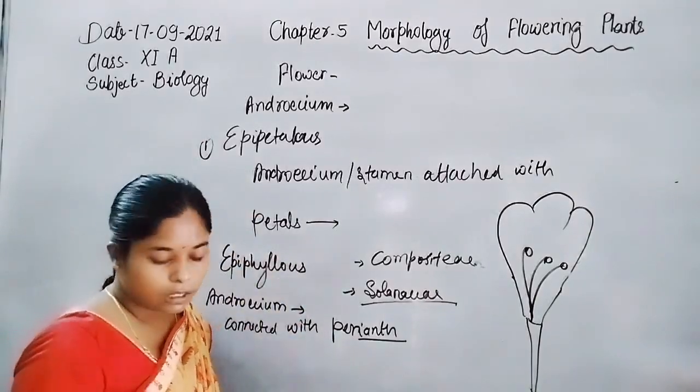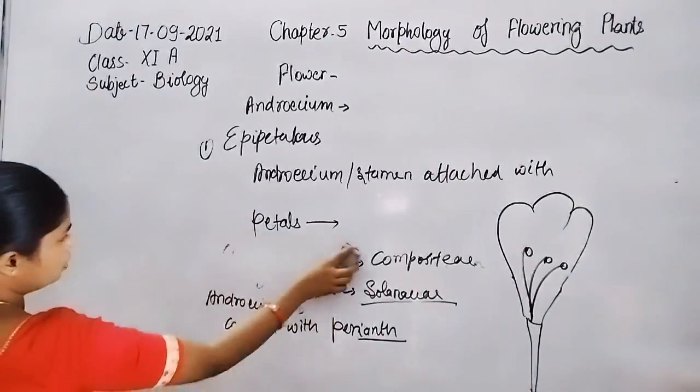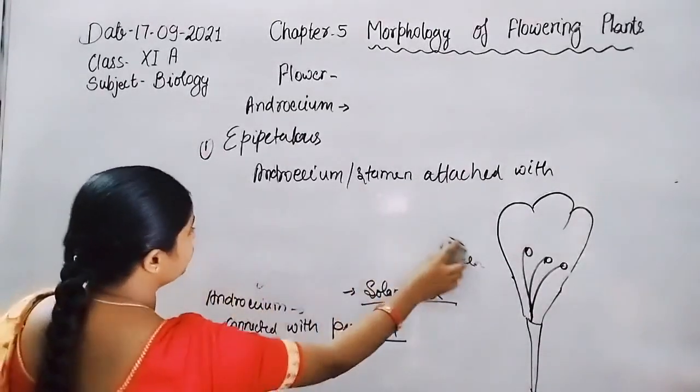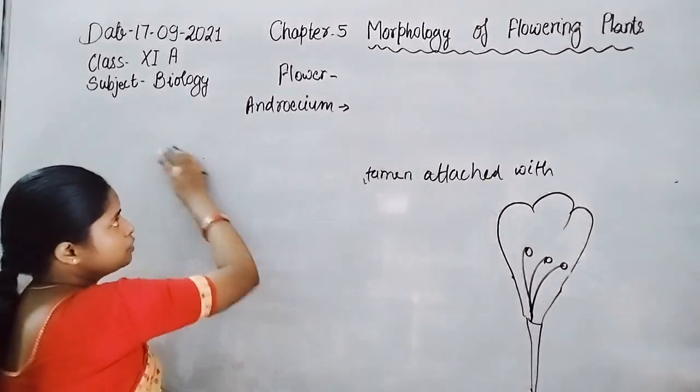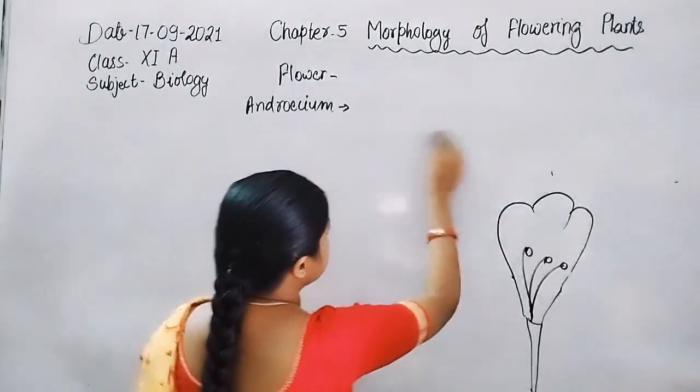Now, another type of androecium is sterile, which does not produce any pollen grains. Such androecium or stamens are known as staminoid.